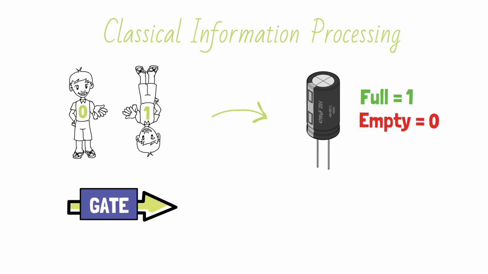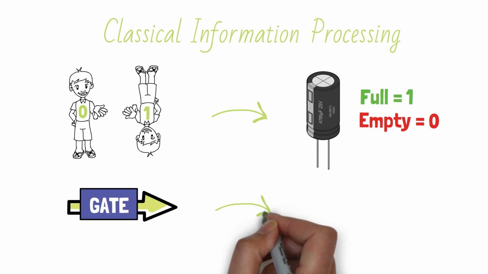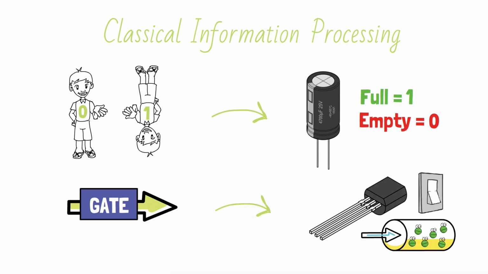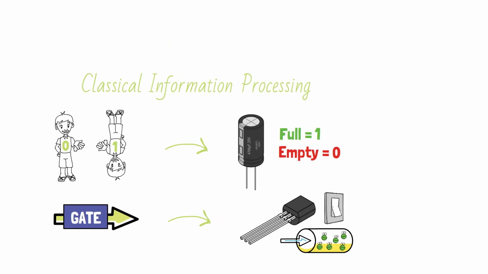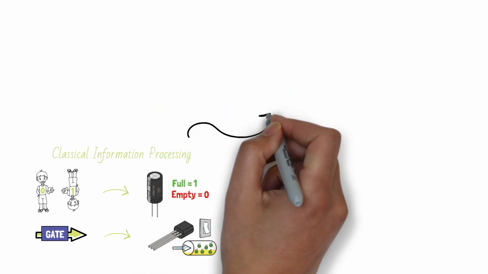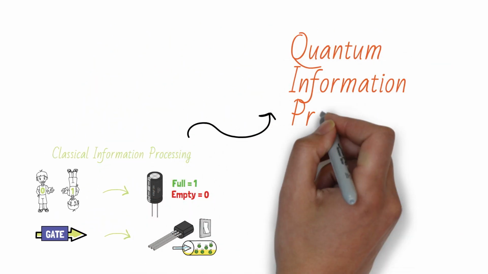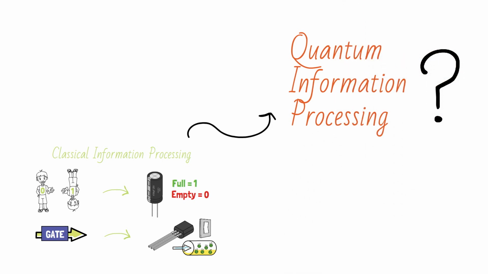And we can change the information stored in these bits or process information using operations called logic gates, which are transistors and currents in computers. With these concepts, we are now able to expand from classical information processing to quantum information processing that is used in quantum computers. Tune into the next video to find out how we can make this exciting leap with the help of our friend, quantum physics.